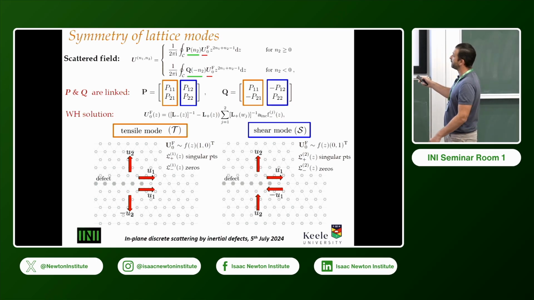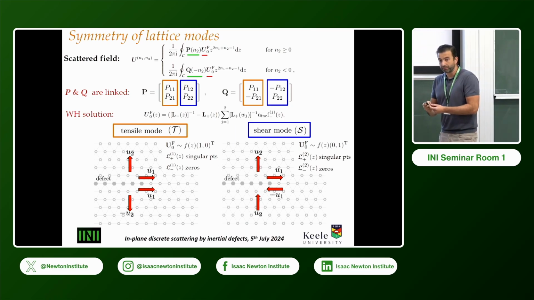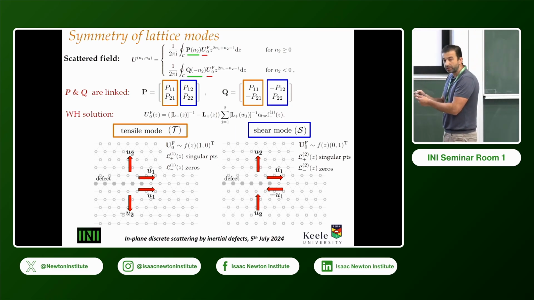And what does all this mean? Well, if you're near a singular point and you have this kind of representation, where you have (1, 0) here, you're going to pick off the first column of P and Q. And this gives you some interesting information about the symmetry of that particular mode.